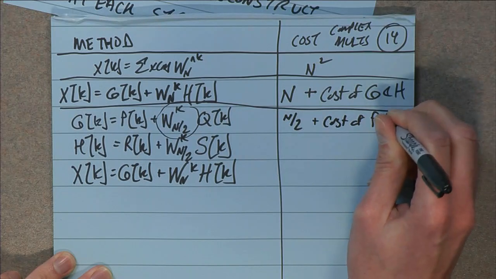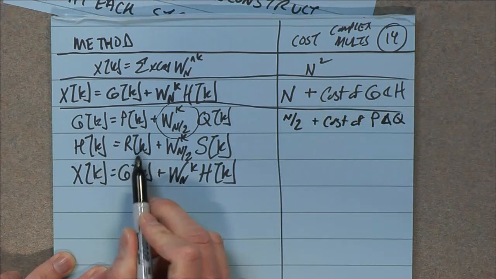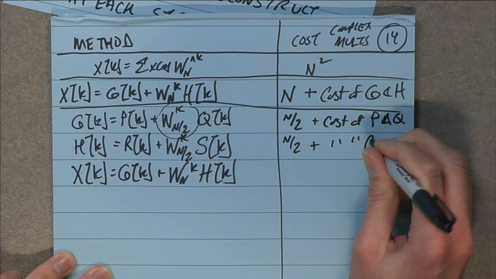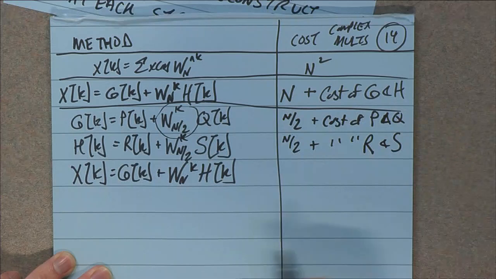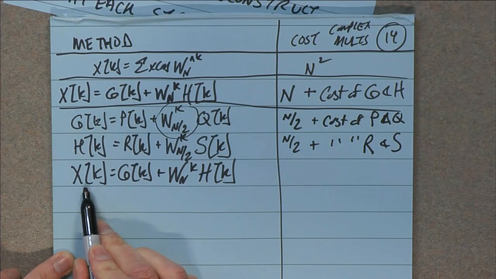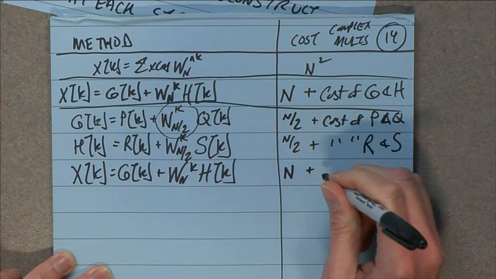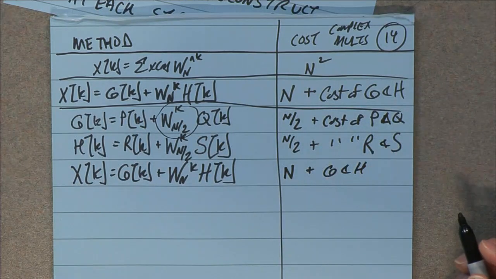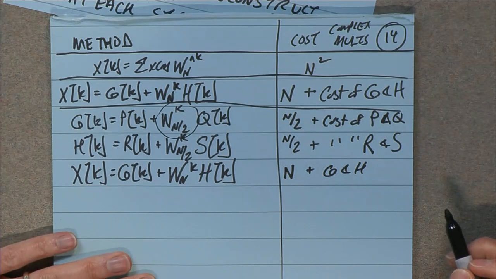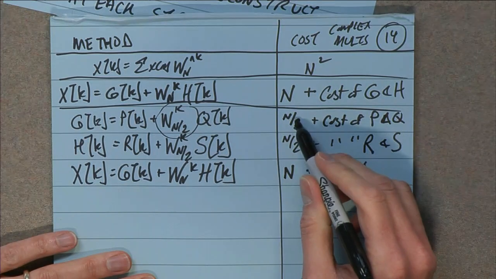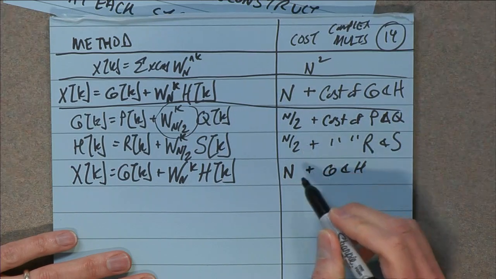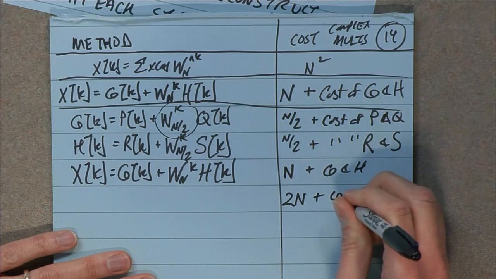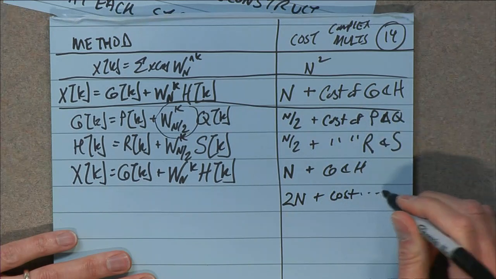P and Q. H is the same. It's n over 2 plus the cost of, now we've got what? R and S. And of course our old favorite here, X, it's going to be n plus the cost of G and H. Well, if we add these up, we've got n over 2 plus n over 2 is n, plus another n is 2n. So it's 2n plus the cost of this other stuff.